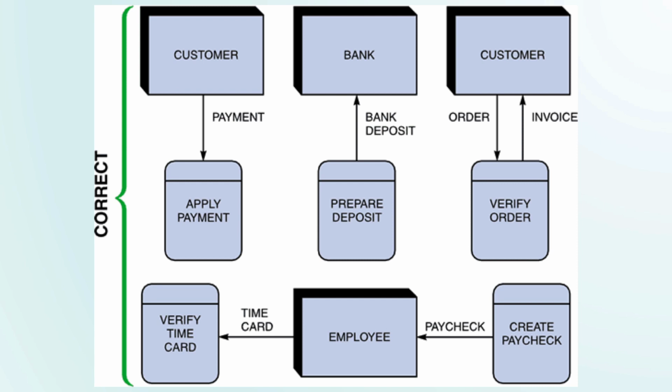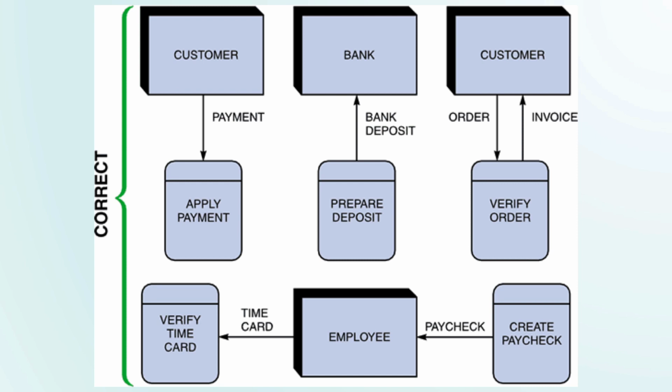Or the last one, the create paycheck process gives data to the employee external entity, and the employee gives time card data to the verify time card process. So these are all correct processes with external entities.